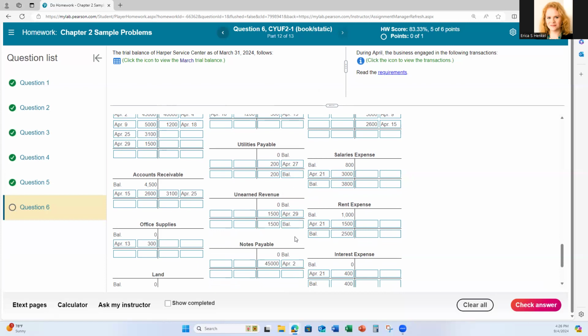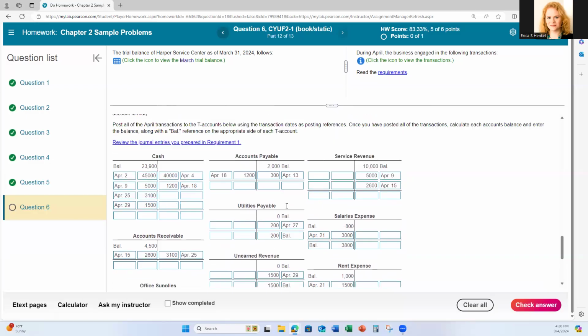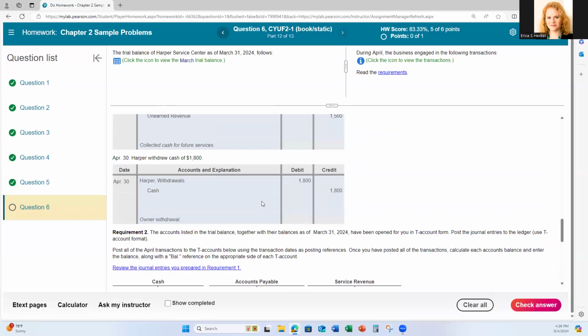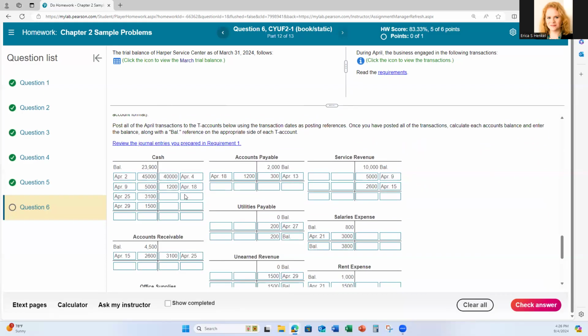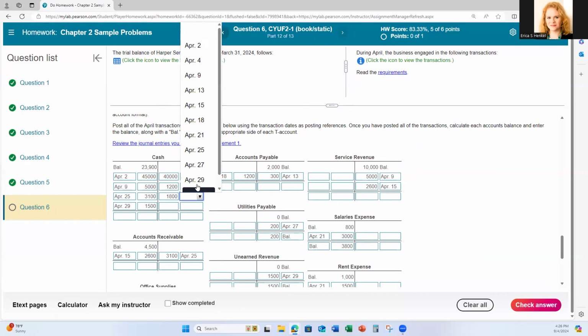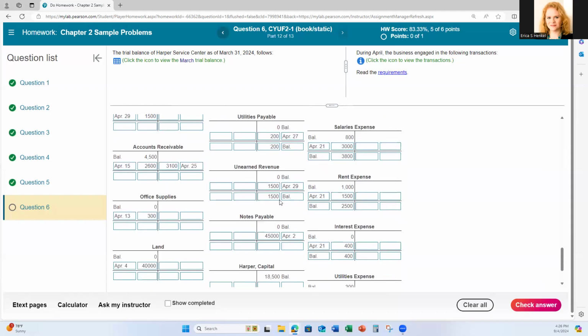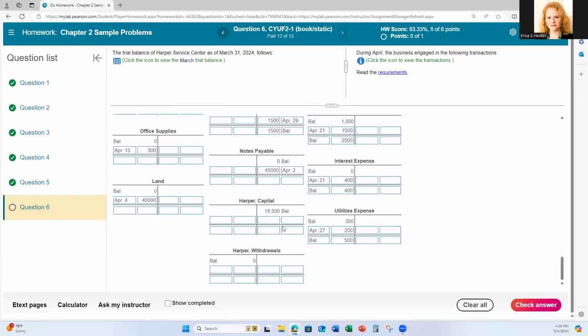And then we had, last transaction was the withdrawal, which was 1,800. So debiting withdrawal, crediting cash. So that 1,800.